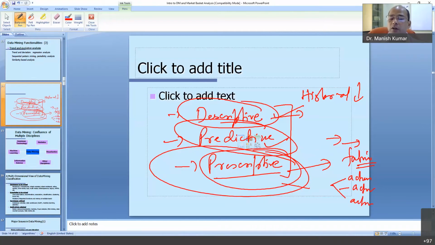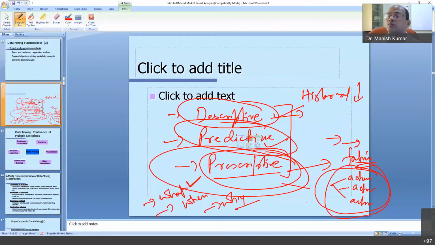You have to say what, and obviously when, and you also have to answer why. Based on the analysis, we can suggest what actions are to be taken for a particular situation. The analysis should also tell me when to take these actions, and why I should go for this.